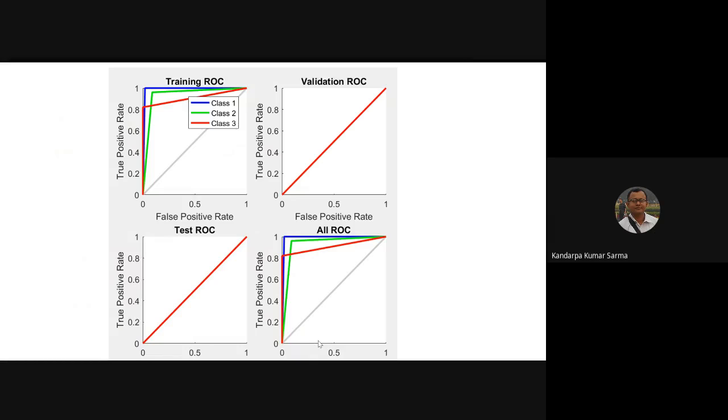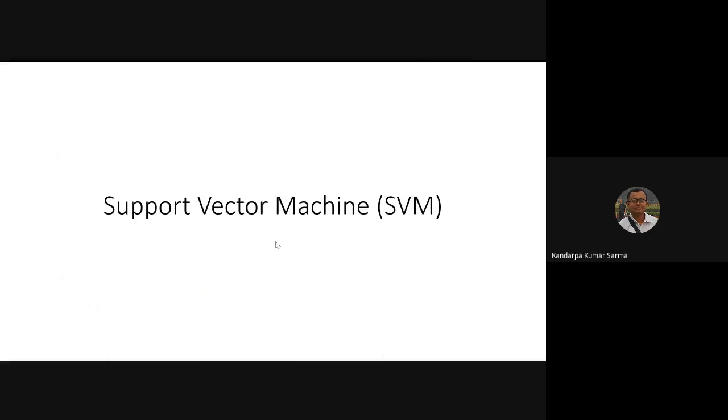Then this can be four different depictions during the training time, validation, testing time, and all of them combined together. So this was regarding the learning vector quantization.